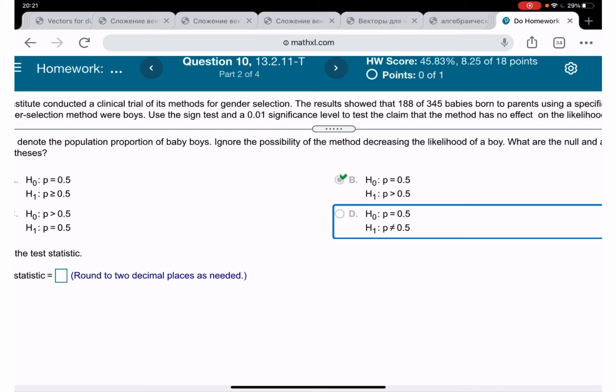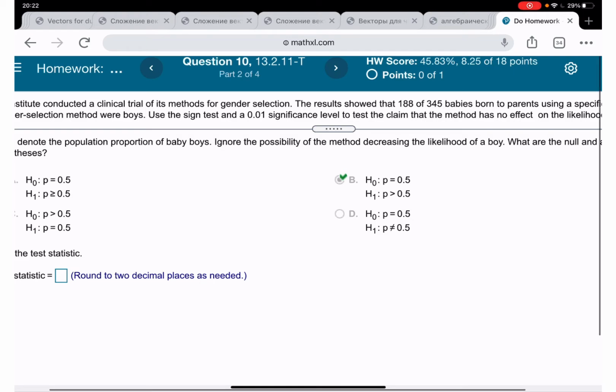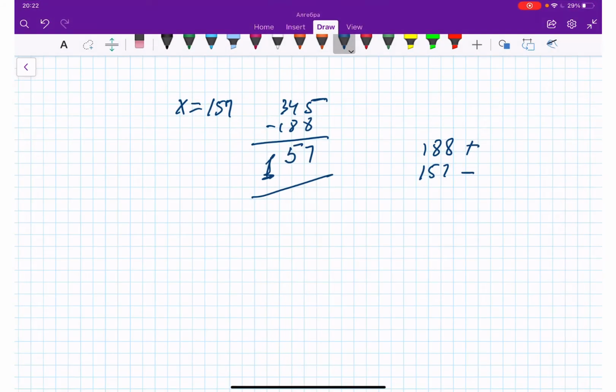This is why we mark 188 as boys, and the difference gives us girls. So it's plus, and the smaller number is minus, which means x, in this case, is going to be 157, the smaller between the two, right?